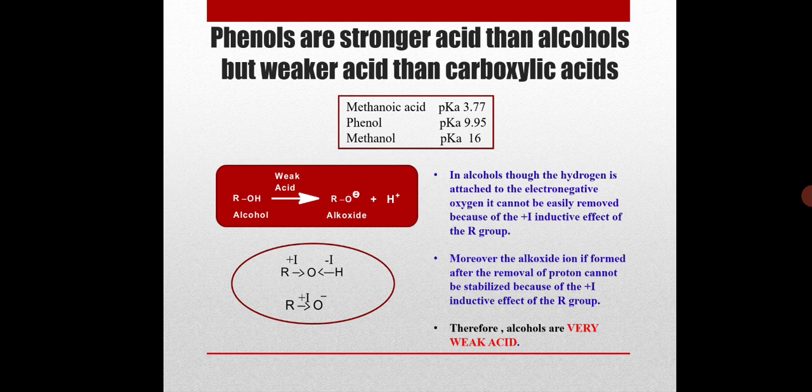Moreover, the alkoxide ion, if formed after the removal of the proton, cannot be stabilized because of the +I inductive effect of the R group. Therefore, alcohols are very weak acids. Its hydrogen atom can be removed only on treatment with metals like sodium.